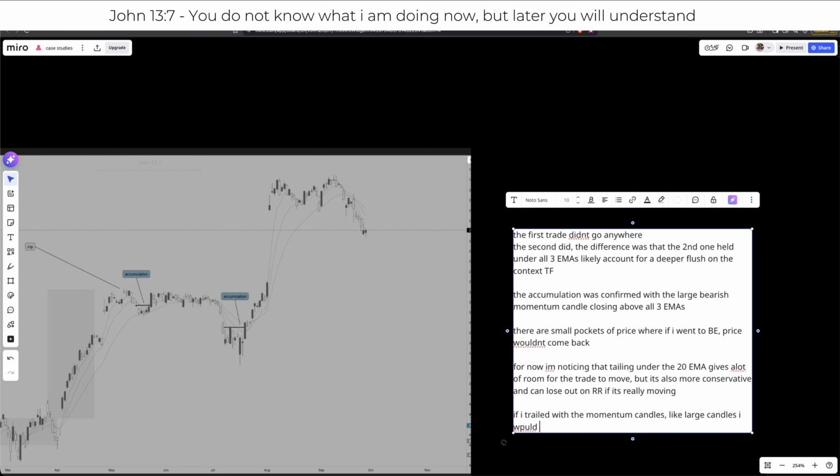I would get more RR, but risk getting taken out faster than letting the trade do its thing with the 20 EMA.